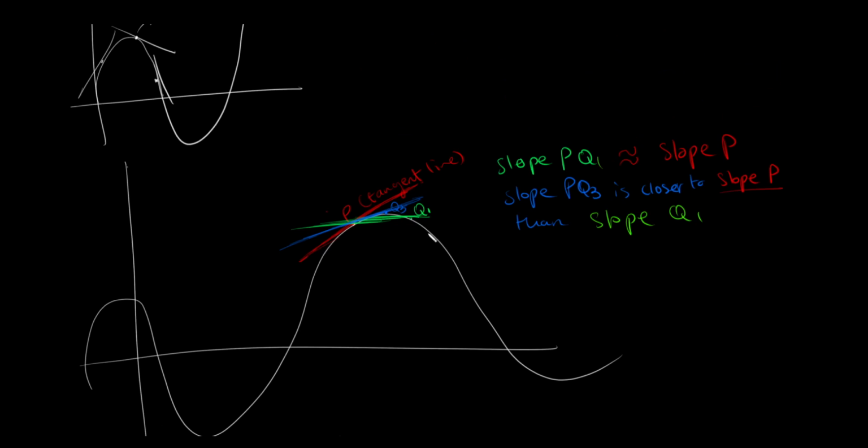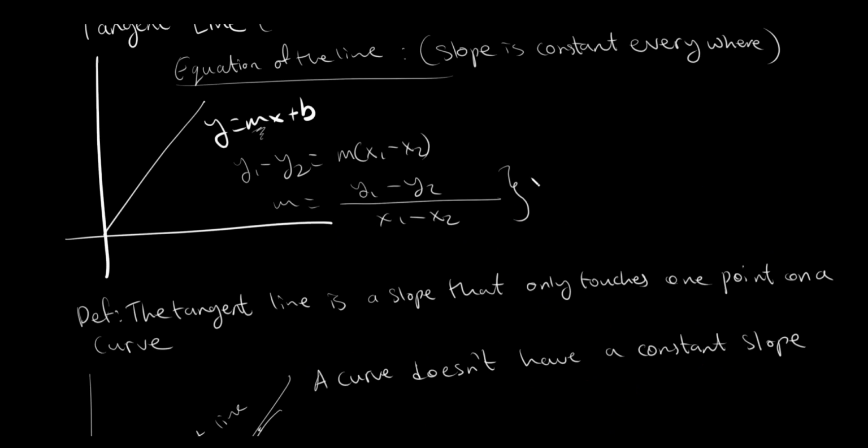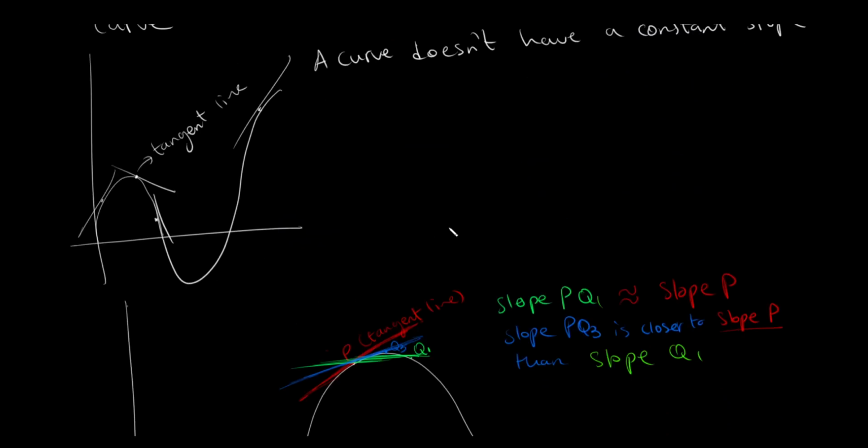Basically what you do is take a lot of numbers close to P, and slowly plot the numbers in our slope function here, to find the tangent line. So for example, let me just erase all of this.